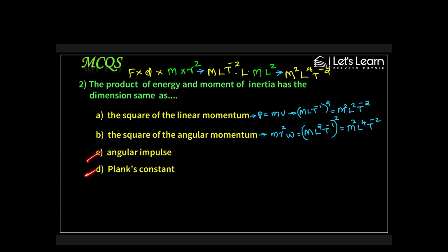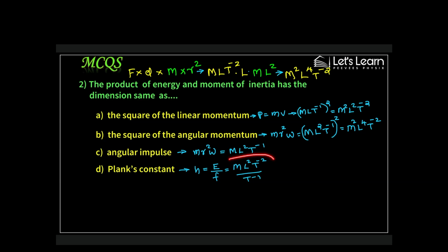But still, I'll continue. Angular impulse, the formula for angular impulse is m r squared omega. M stands for mass, r squared is L squared, omega is T to the power of minus 1. Doesn't match with that. Next is the dimensional formula of Planck's constant. The formula for Planck's constant is H equals E divided by F, energy divided by frequency.